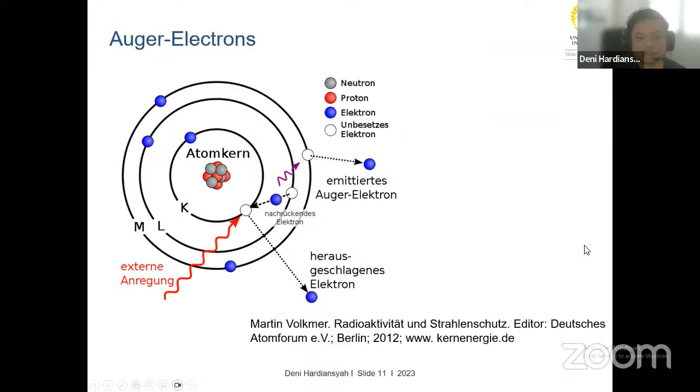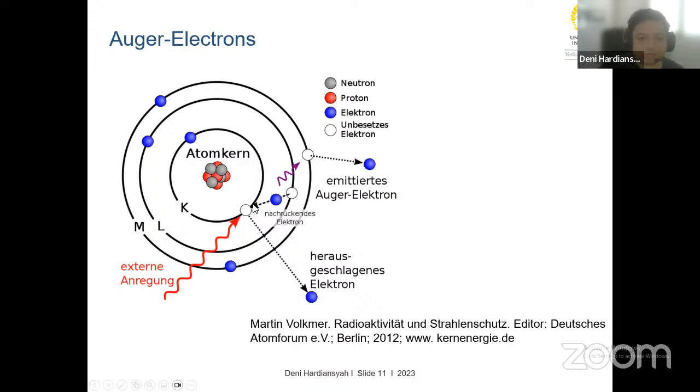And then the other one is the Auger electron. Basically we have radiation, for example, from the outside. And then this radiation will give some energy to the electron in this shell. And then this electron will have some energy to move and separate itself from this shell. And then, of course, this atom becomes unstable. Then the electron from another shell needs to move to the vacancy here.